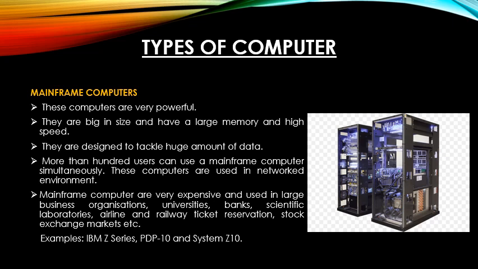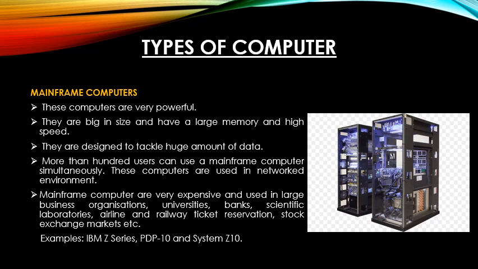The third type of computer is mainframe computers. These computers are very powerful. They are big in size and have a large memory and high speed. They are designed to tackle a huge amount of data. More than 100 users can use a mainframe computer simultaneously. These computers are used in a networked environment.